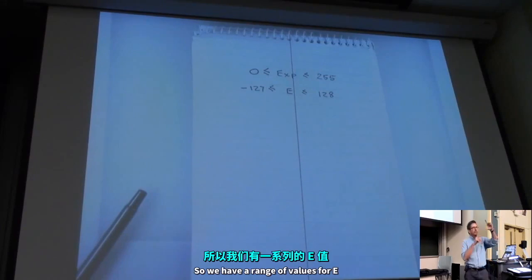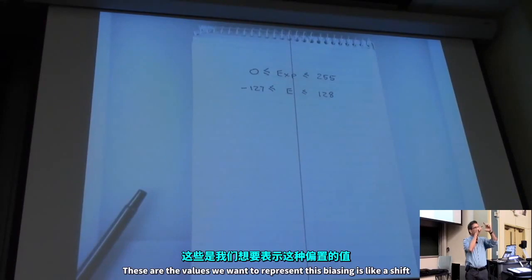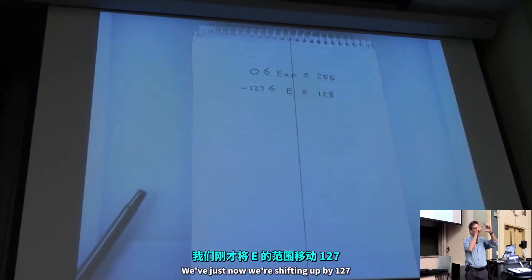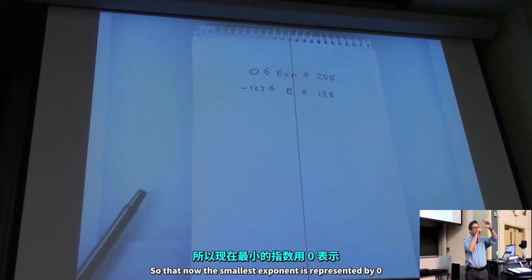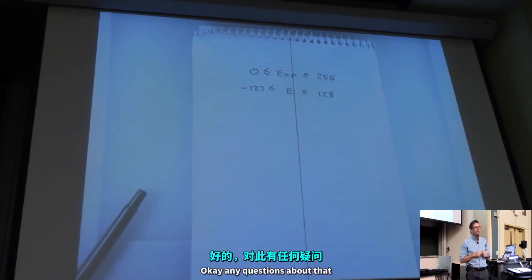We have a range of values for E. Here's the largest value, here's the smallest value, here's 0 right in the middle. These are the values we want to represent. This biasing is like a shift. Now we're shifting up by 127 so that the smallest exponent is represented by 0. Any questions about that?